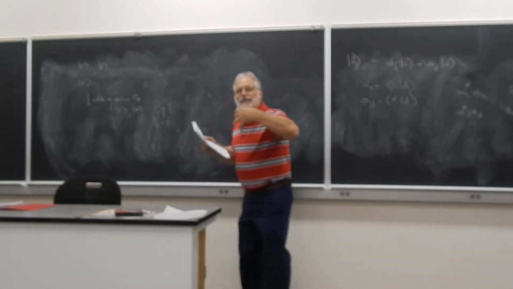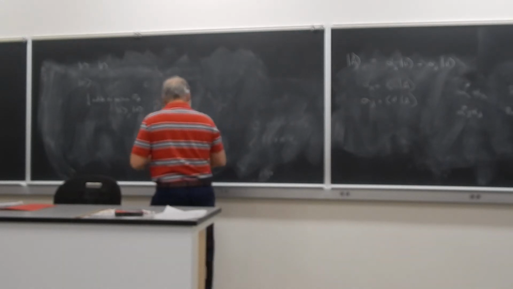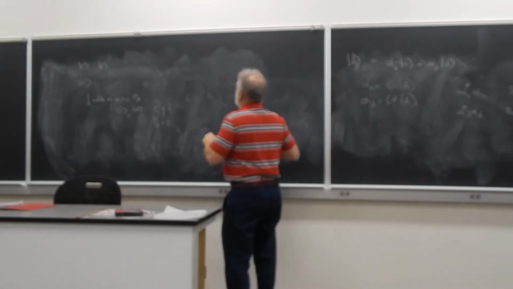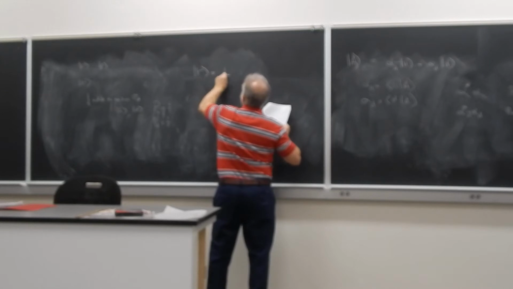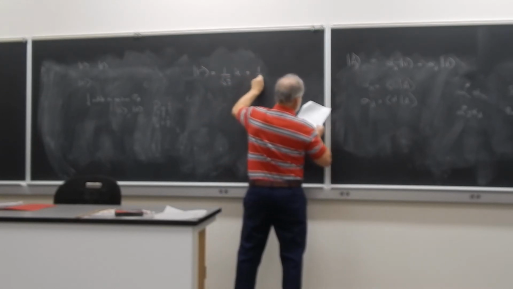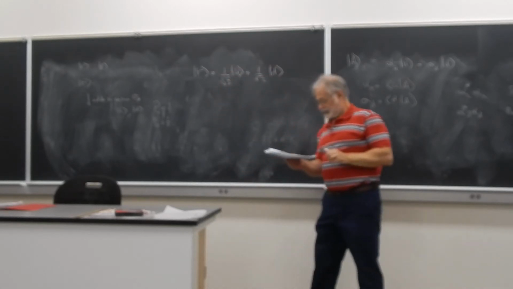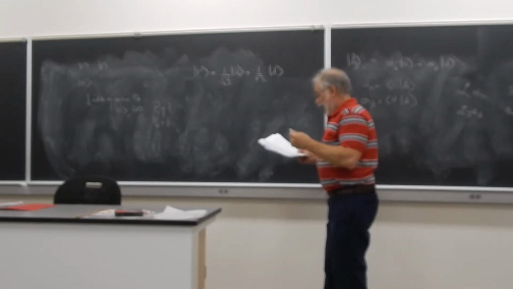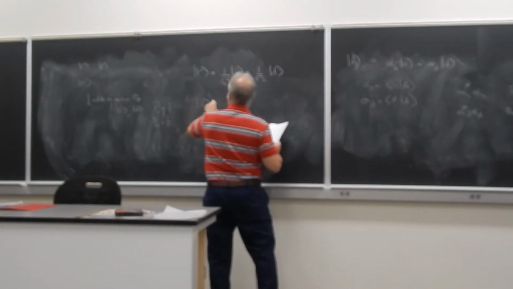If I were to rotate back to the z-axis, that being the case, I can write a vector, a ket R, as 1 over the square root of 2 times ket U plus 1 over the square root of 2 times ket D. By the same token, I can look at the ket L, and I can write that.